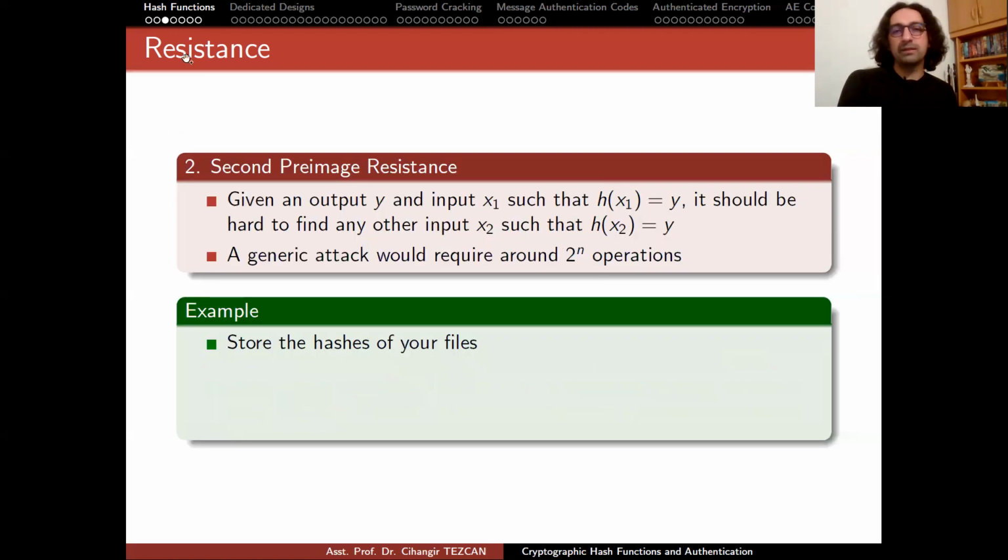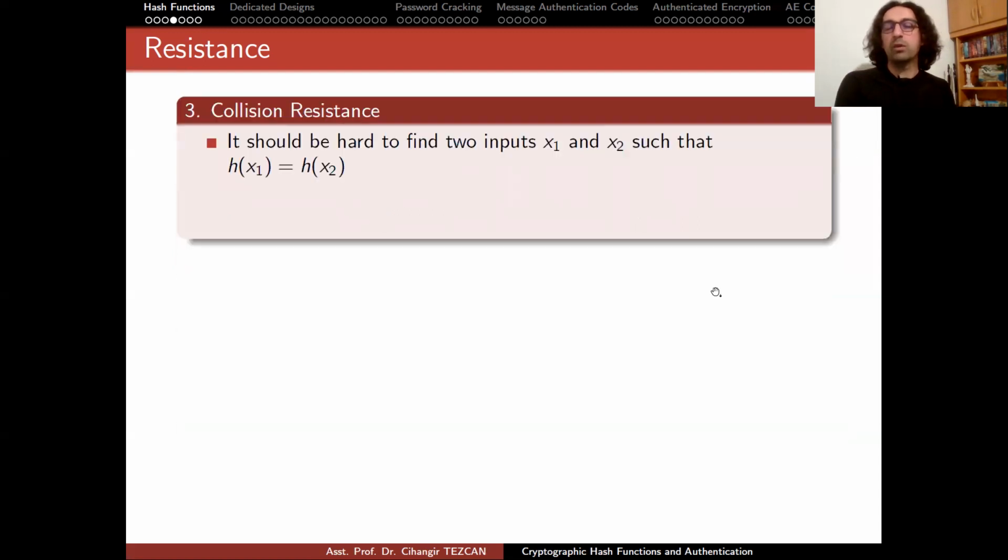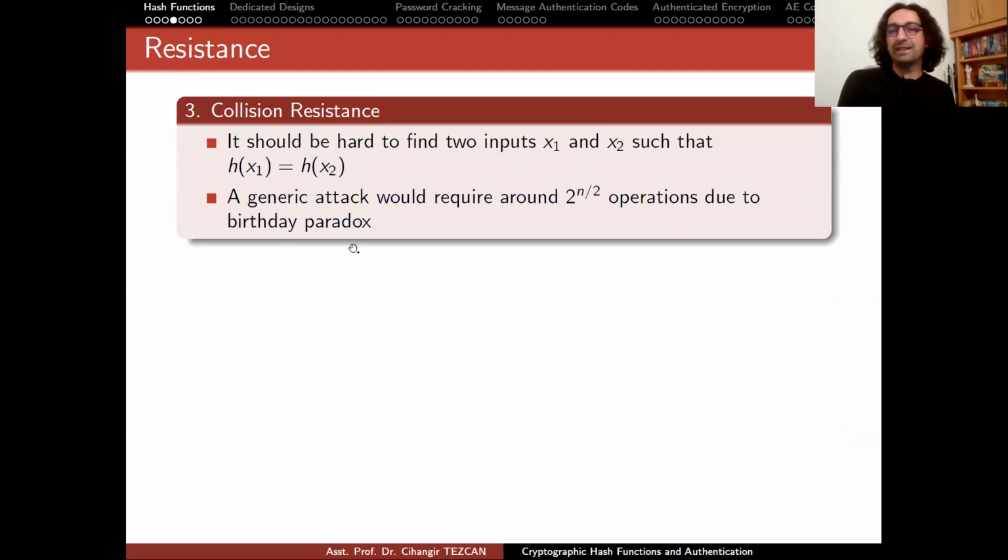But remember that in the second preimage resistance, we were given the x1 and y values. We were trying to find x2. But in this case, we have more freedom. The only thing we know is the hash function H. So we are trying to come up with two inputs that will give us the same output. So we have more freedom here. For this reason, a generic attack requires a lot fewer operations.